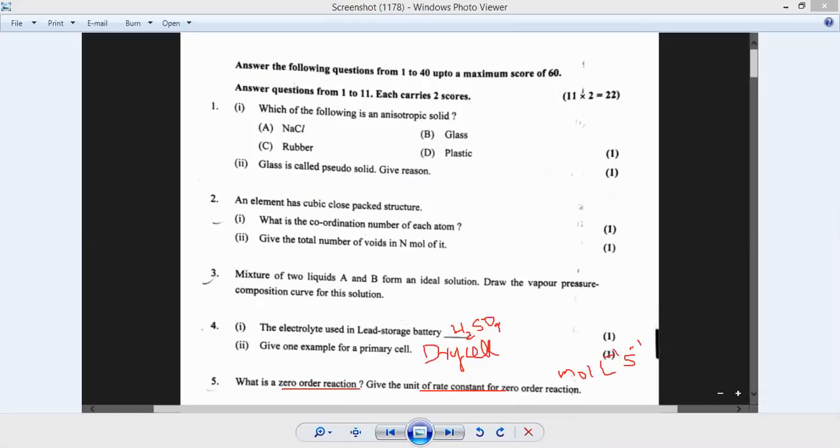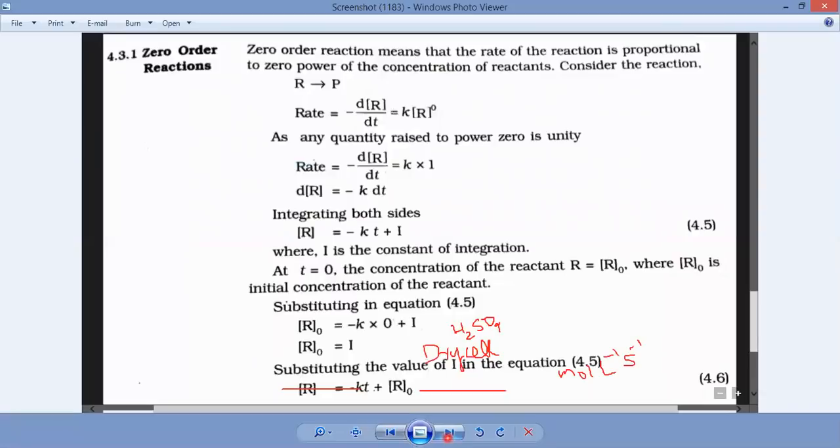And so what is a zeroth order reaction? Let me show it to you. So this is basically a zeroth order reaction, where the rate of reaction is proportional to the zeroth power of the reactant concentration. This is basically the rate equation, proportional to unity, and from that we can derive the rate equations.